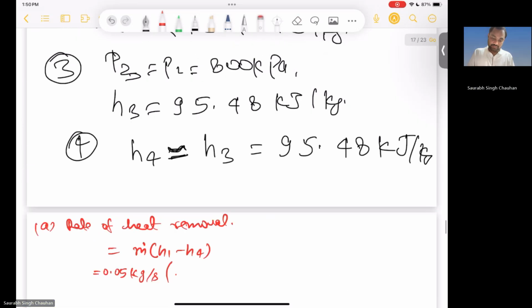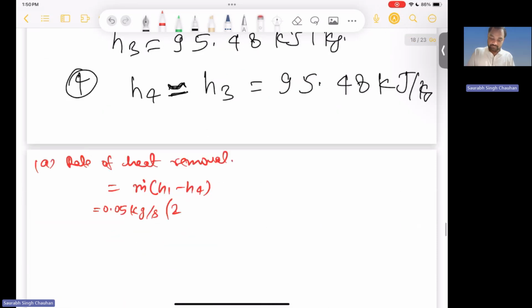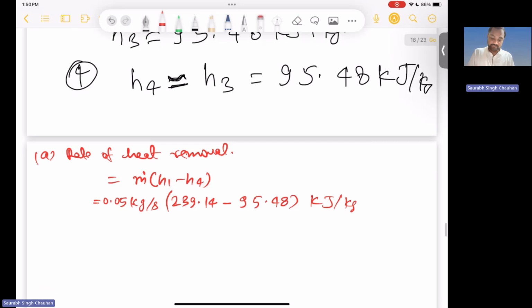H1, we have found out from the table, it is 239.19, minus H4 is 95.48 kilojoule per kg.